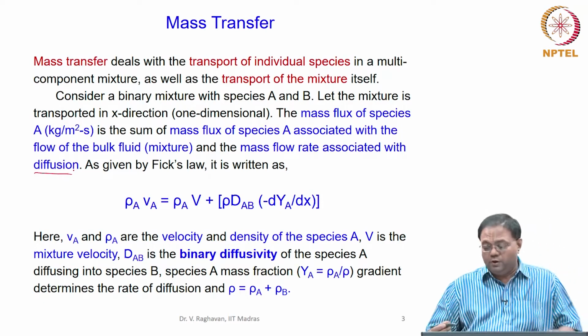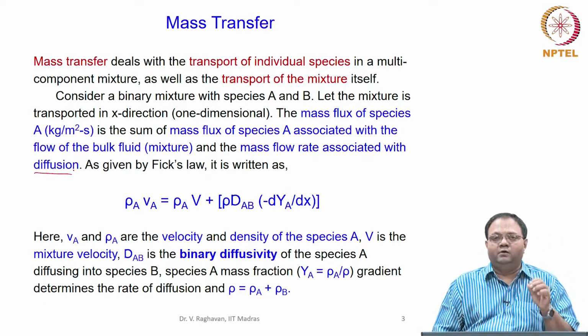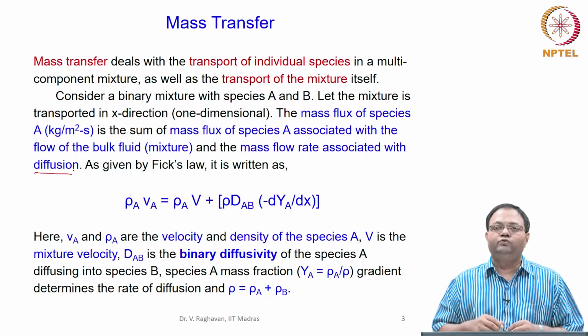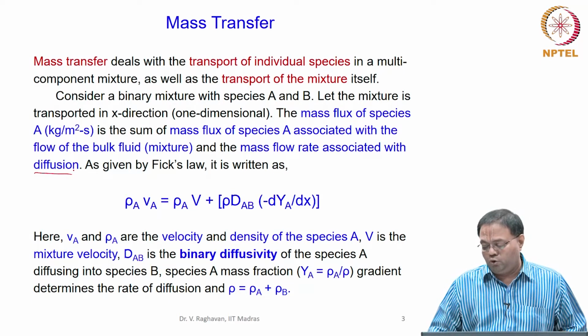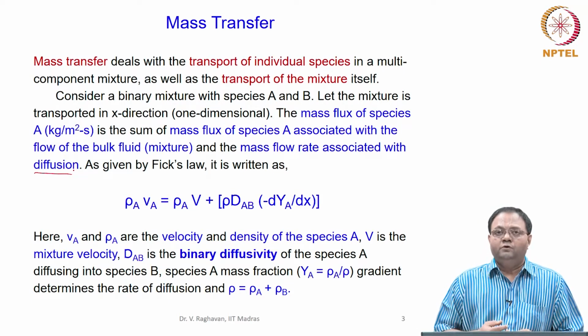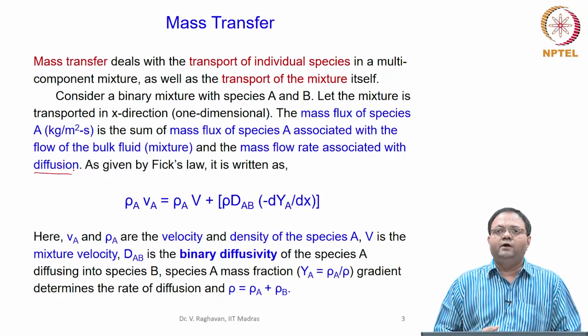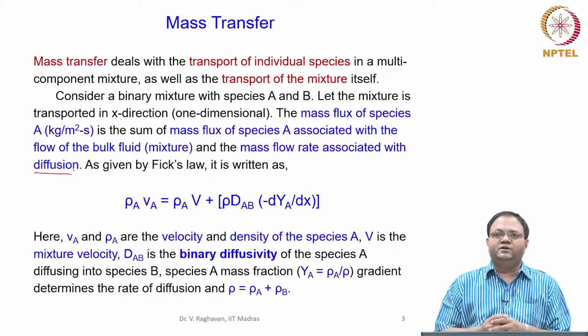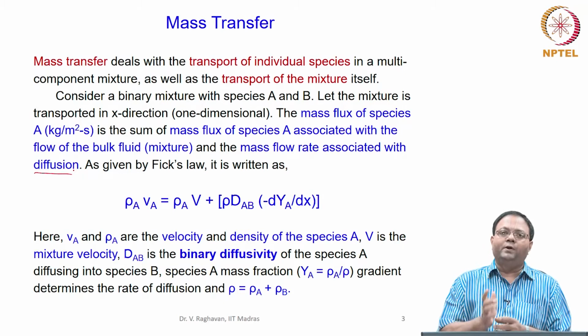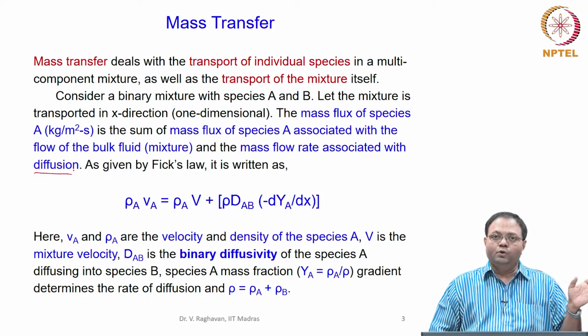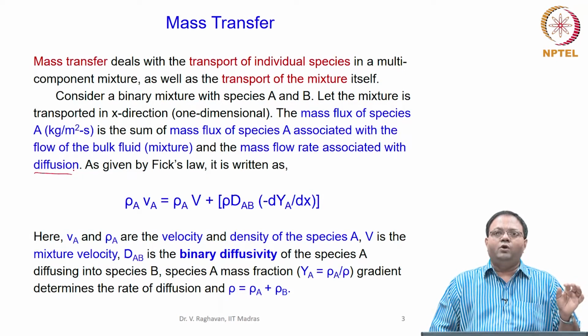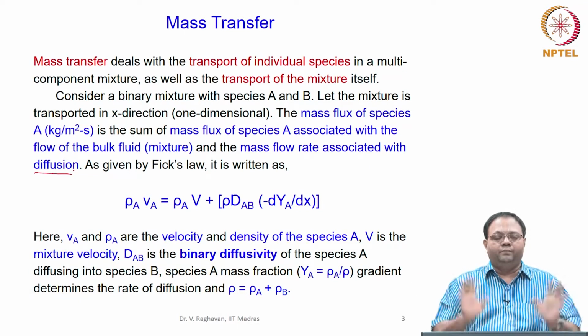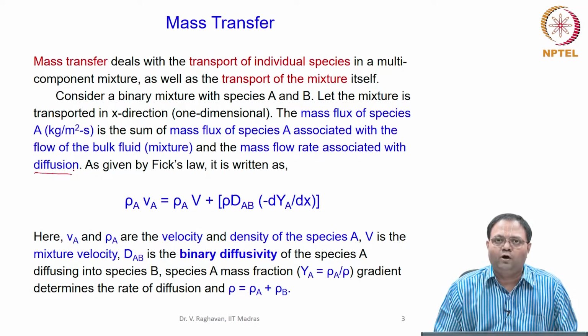Diffusion. Let us take what is called ordinary diffusion, for example. Consider a bottle of scent, perfume, which is open in a corner of a room. There is no airflow or fans or anything on.